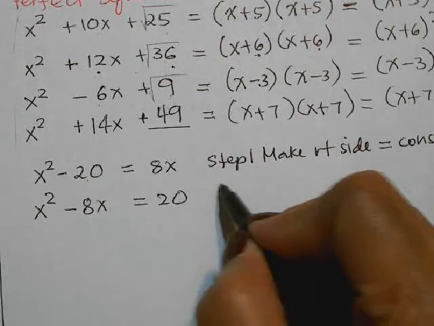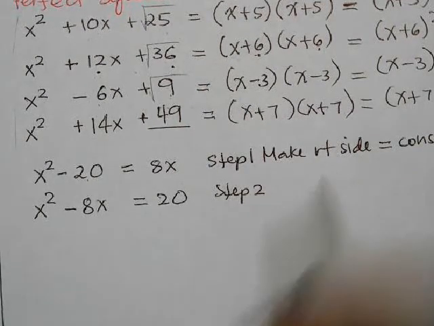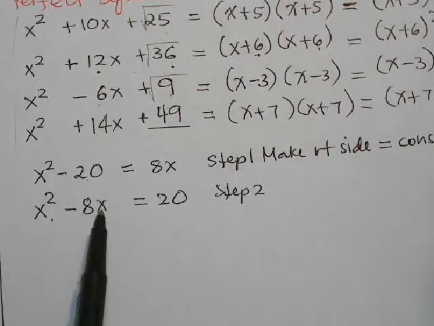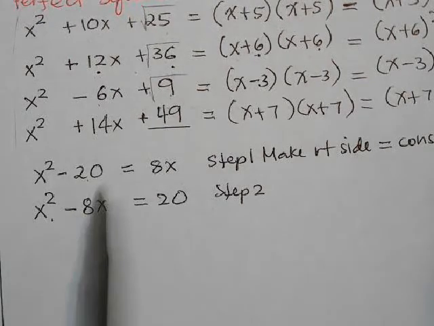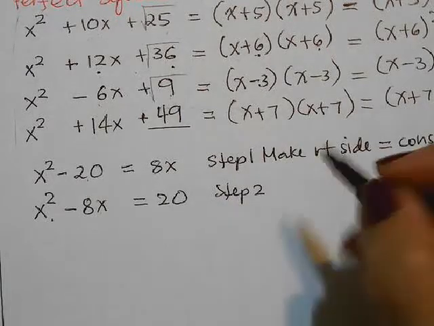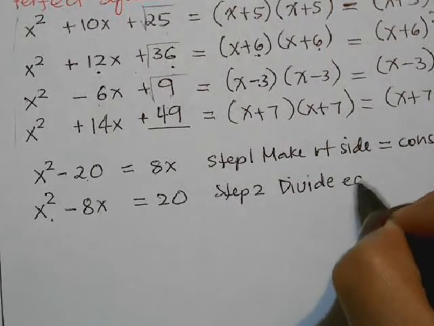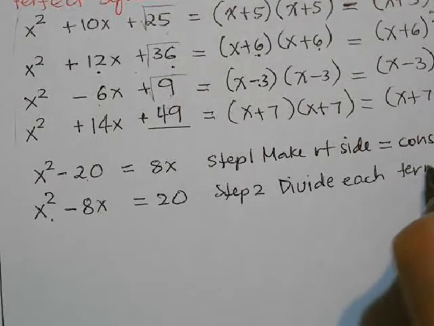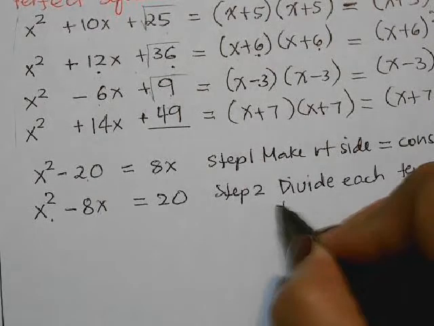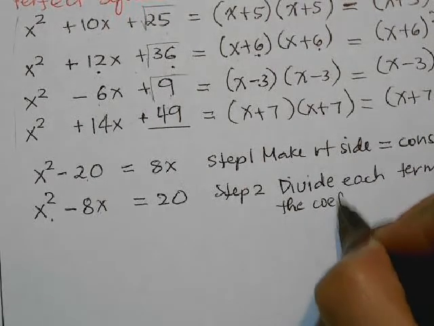Okay, step 2, divide each term. There's nothing to add, there are no common like terms, so you go to step 2, divide each term by the coefficient of x squared.